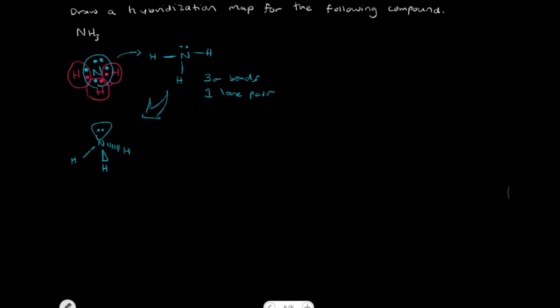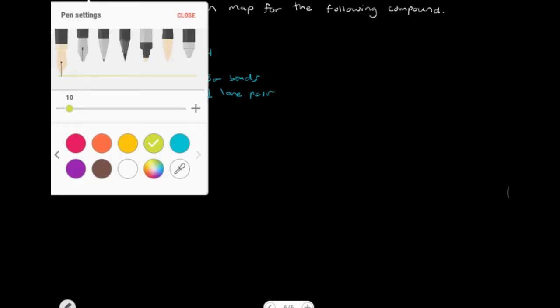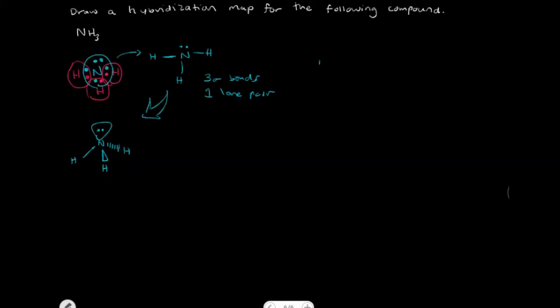Okay, so let's take a look at the central atom here, this nitrogen. If we look at the nitrogen, we know that the electron configuration, nitrogen has 7 electrons, we're looking at elemental nitrogen, right? So it has 7 protons and 7 electrons, so we have 1s2, 2s2, and 2p3.